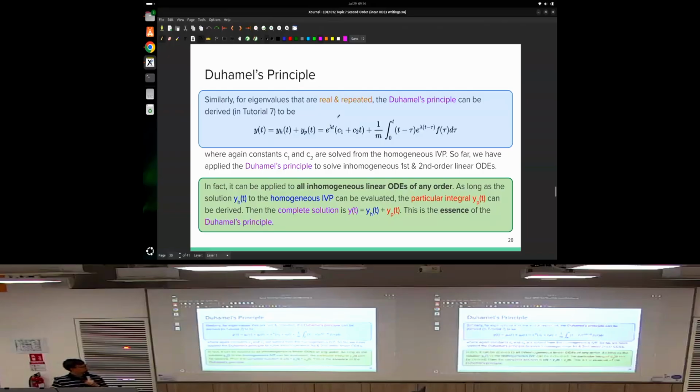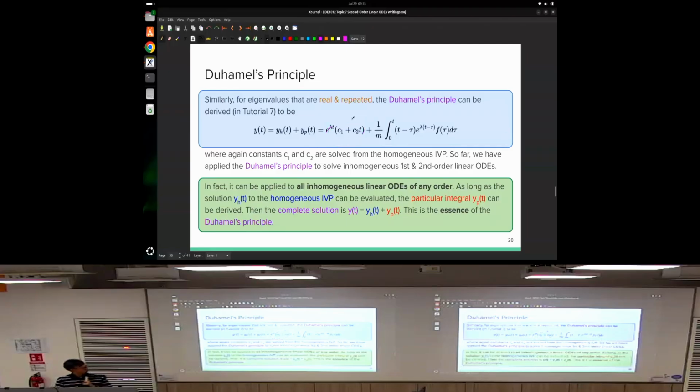If your eigenvalues are real and repeated, then your homogeneous solution is just this form here. If they give you the initial conditions, you proceed to find your C1 and C2. Simple as that. There's no need to rederive because we derived it already.